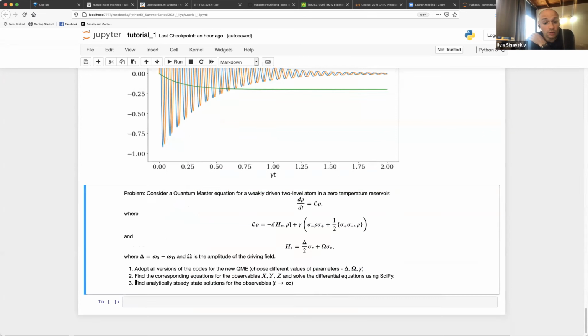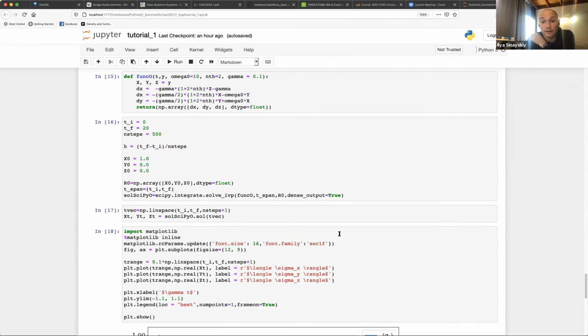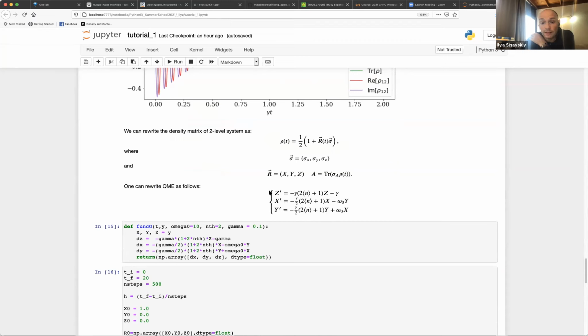Yes, and in this situation you can also find the steady state for these observables X, Y, Z. You can solve the corresponding system of equations when this side is equal to 0, and find the steady state values, or to which state the atom is going to be driven by the weak field if you just let it drive for long enough time, so that the system comes to a non-thermal equilibrium, because you get a balance between the driving, which is bringing energy, and the dissipation, which is taking away energy from the system.